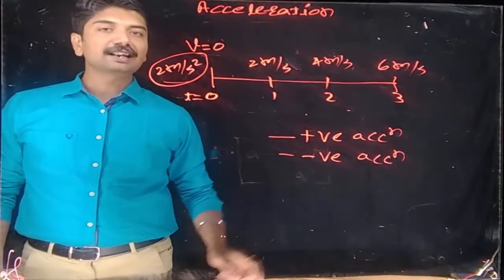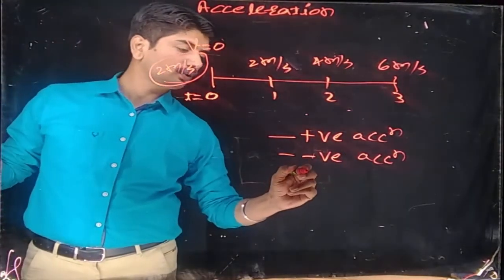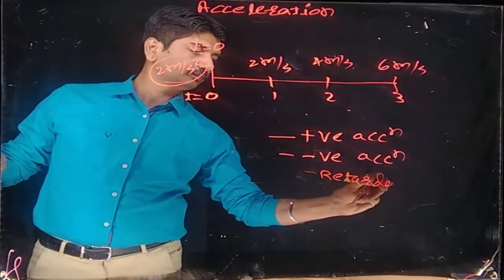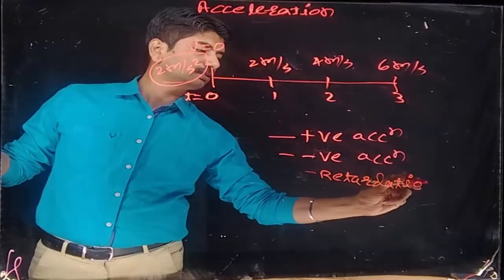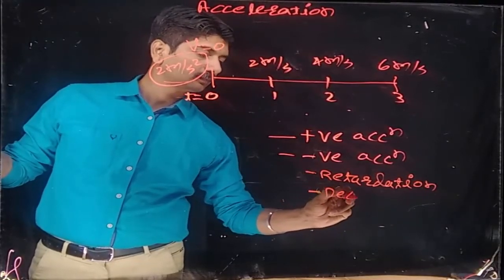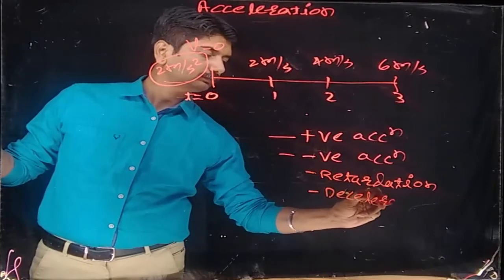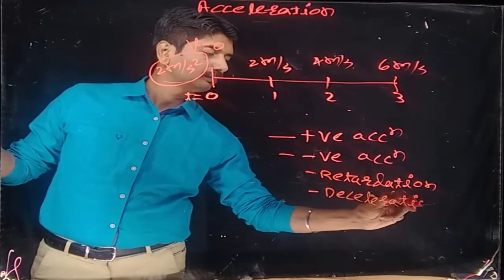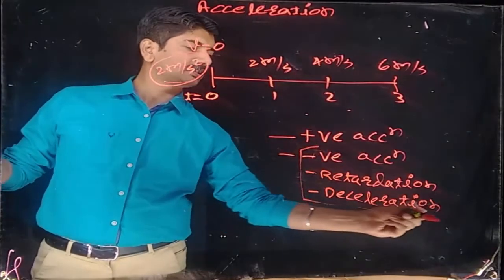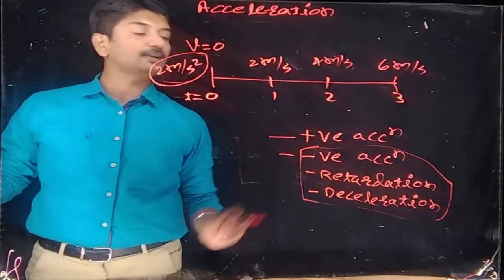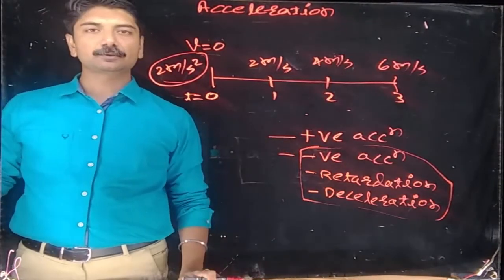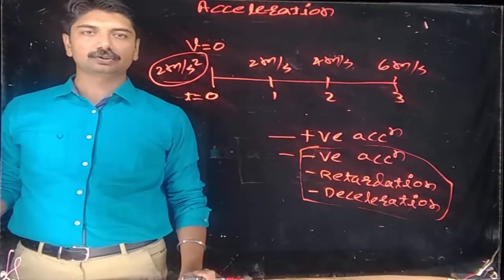Negative acceleration has different names: it is also called retardation, or deceleration. All these three are the same, responsible for decreasing the velocity, and positive acceleration is responsible for increasing the velocity.